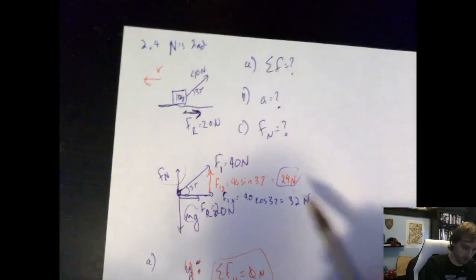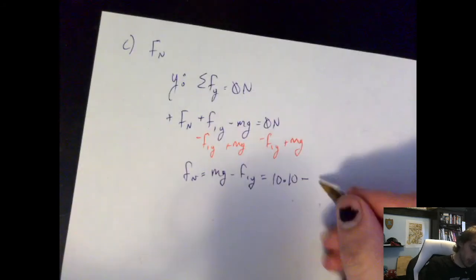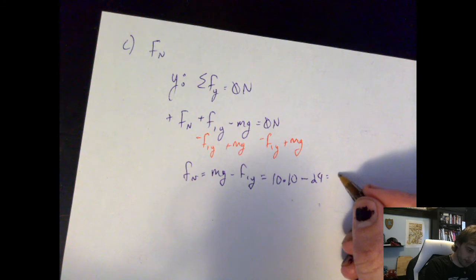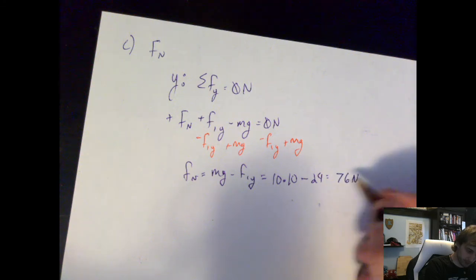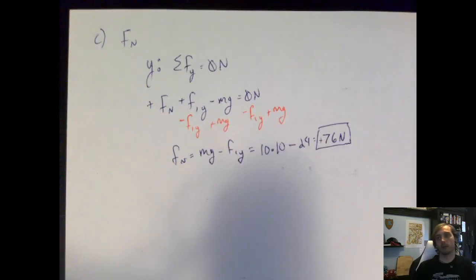Great, 24, and just double checking again, mass is 10. So 100 minus 24, so 76. So our normal force for this one is 76 newtons going up.